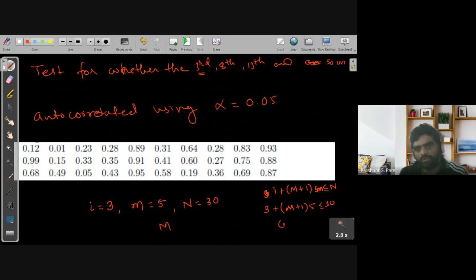So this gives you capital M plus 1 times 5 less than or equal to 27. So capital M plus 1 is less than or equal to 27 by 5, so it is 5 point something. So capital M plus 1 is less than or equal to 5 point something, minus 1, and M should be an integer. So that's why this will be 4, because it is 4 point something. So capital M we got from there is 4.